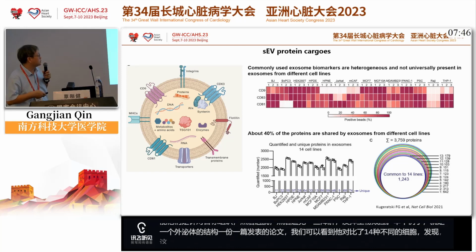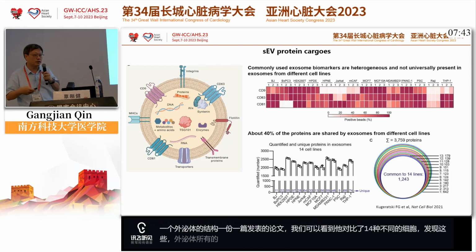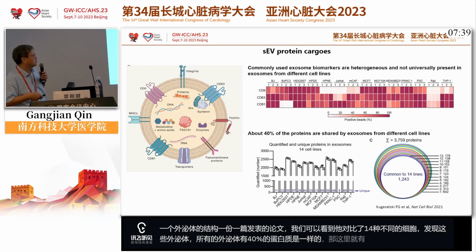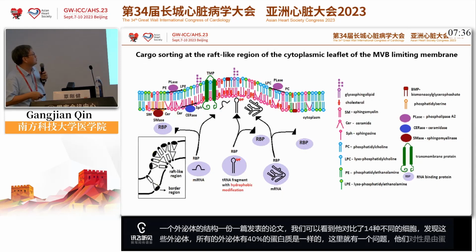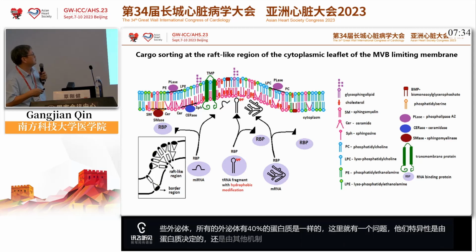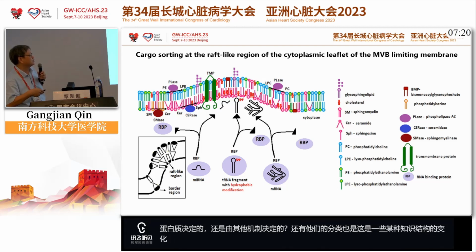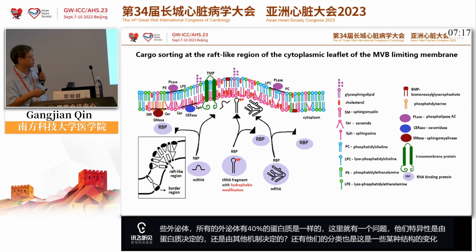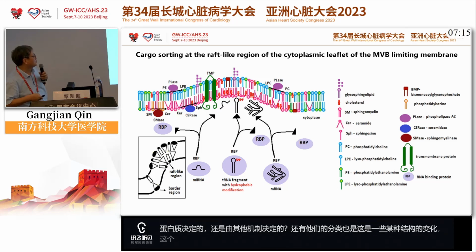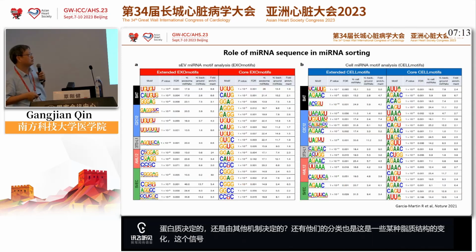So this raises the question of whether the specificity is determined by the proteins or by other mechanisms, including the sorting. There are clearly some changes in the lipid structure in the membrane, and as I just alluded to, the proteins, RNA binding proteins, and different types of mRNAs get packed into this. What's the signaling aspect involved in this? There is some understanding, but it is still largely unknown.